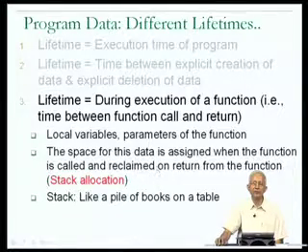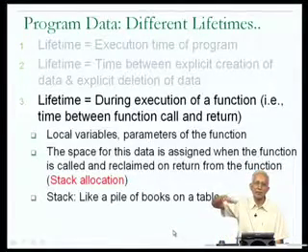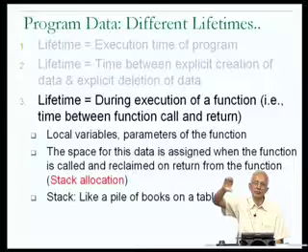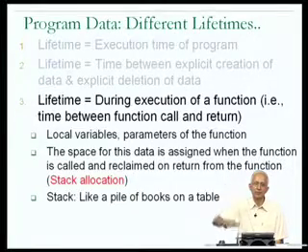If I have a function that is called, and the space for its local variables and parameters is allocated on a stack, then when the function is called, space is allocated on top of the stack for those local variables and parameters. If that function calls another function, then space for the local variables and parameters of that second function will be allocated on top of those for the first function.